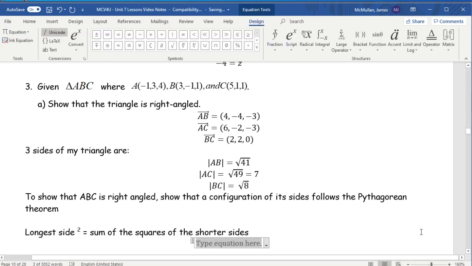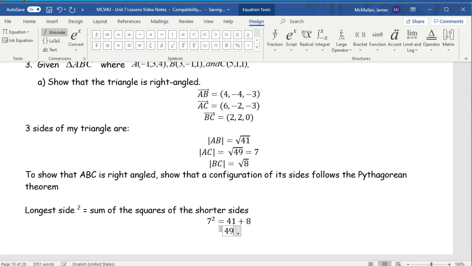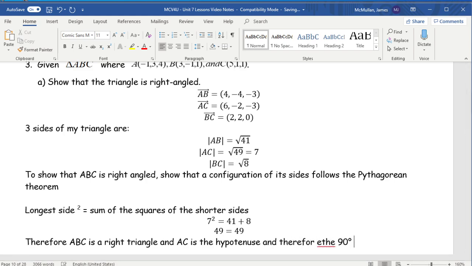Let's see if that works. My longest side here is clearly the square root of 49. So my longest side is 7 squared equals root 41 squared, which is 41, plus root 8 squared, which is 8. And so I get 49 equals 49. Therefore, ABC is a right triangle, and AC is the hypotenuse, and therefore the 90-degree angle is at vertex B.